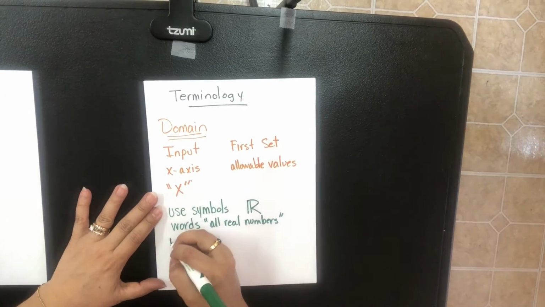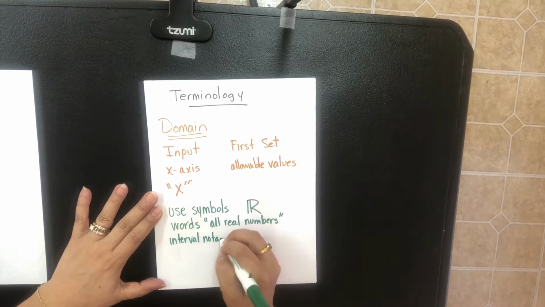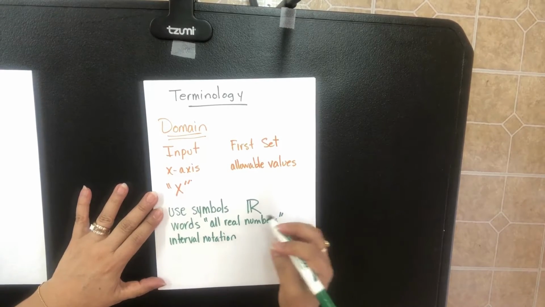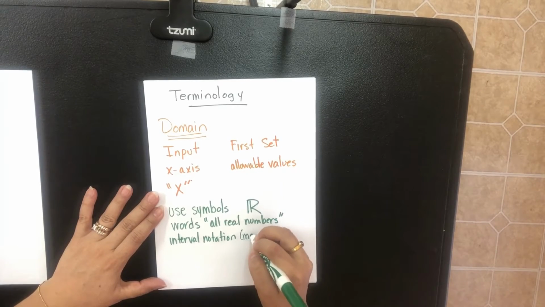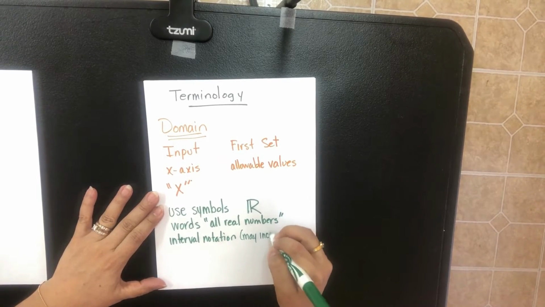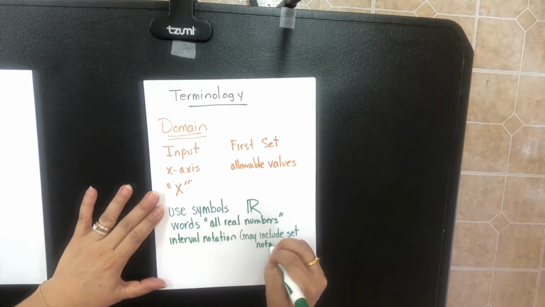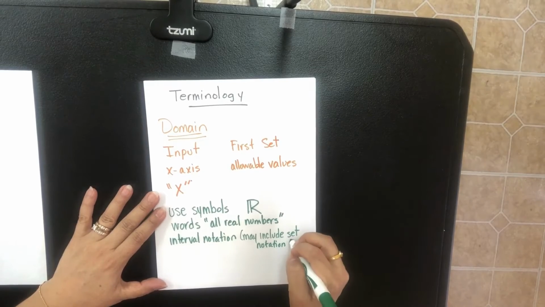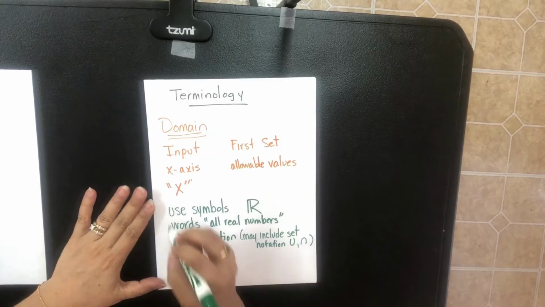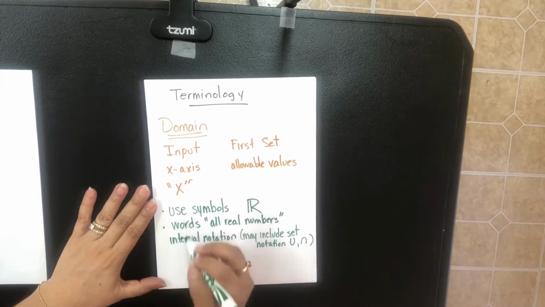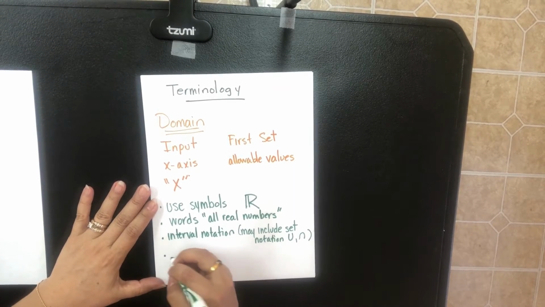We can use interval notation. And with interval notation, this may include set notation, like the union or the intersection. So we have symbols, words, interval notation. We may want to show it on a number line.